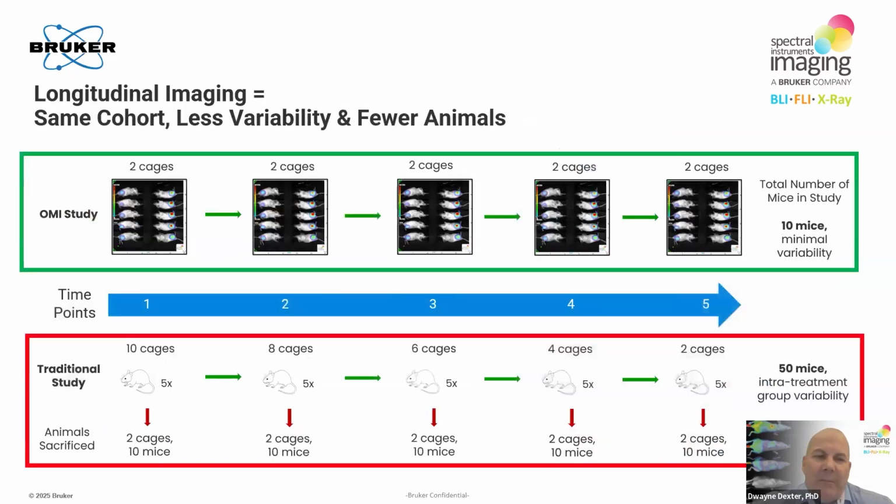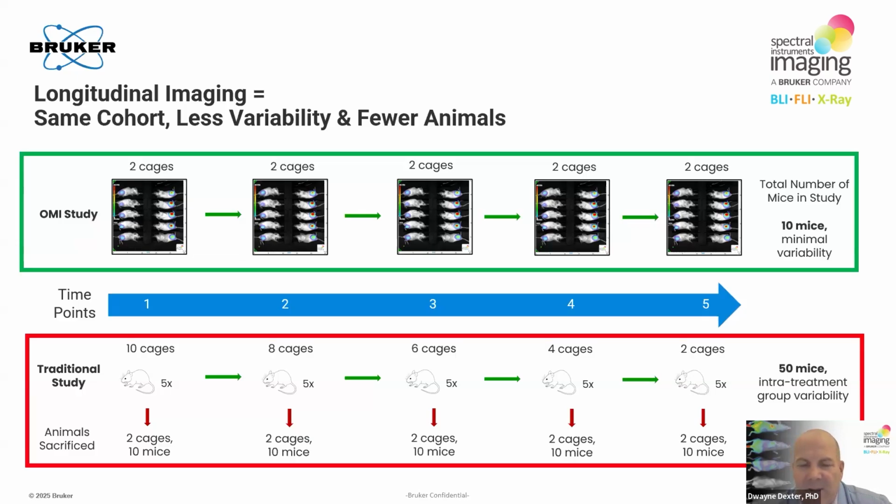So why longitudinal imaging? Here's just an example on the bottom. I did this in my research, where you figured out how many animals you needed for your study. You treated these animals, and at some time point in the future, you sacrificed a number of animals to do histopathology, understand, in my case, tumor response. Then at a second time point down the road, you would sacrifice another set of animals.